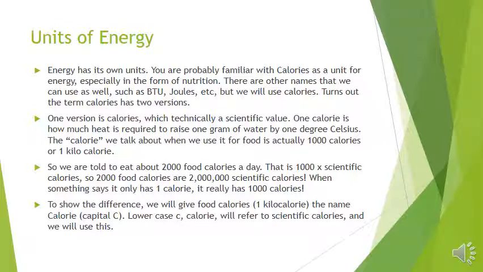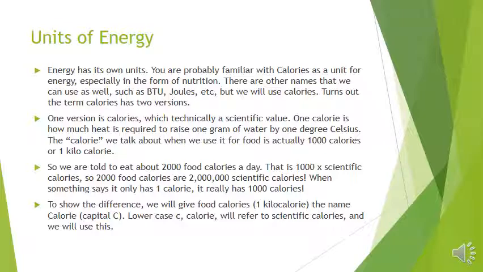When you eat food, you eat it for the calories, and the calories of the food get stored in your cells. Then when you need energy to do work, that energy is removed from the food you ate to do work. So we use calories as a unit.